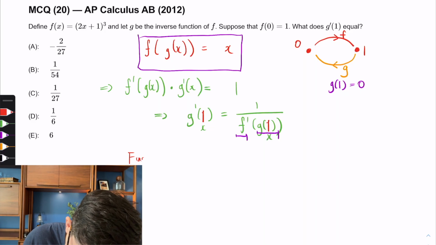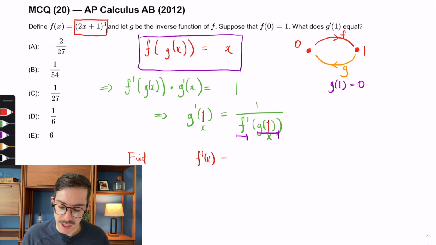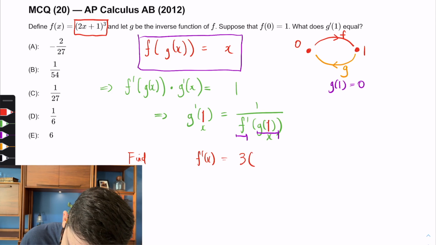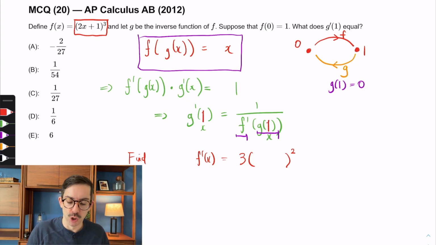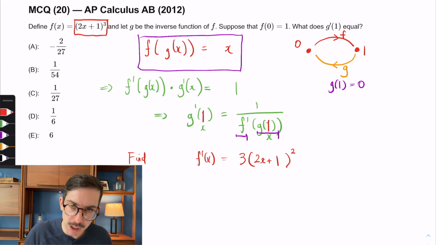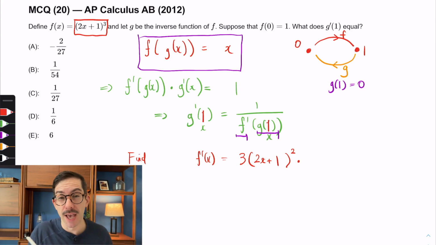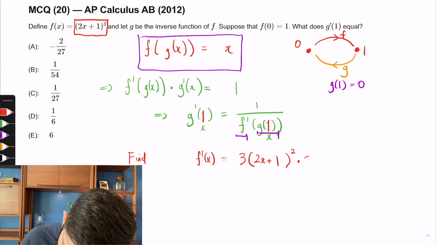So let's find f prime of x using this rule. It's also a composite function, so I'm going to have to use the chain rule. The 3 comes down as a power, and I reduce it by 1. I leave the 2x plus 1 alone, but the chain rule makes me multiply by the derivative of that inner function, which in this case is 2.